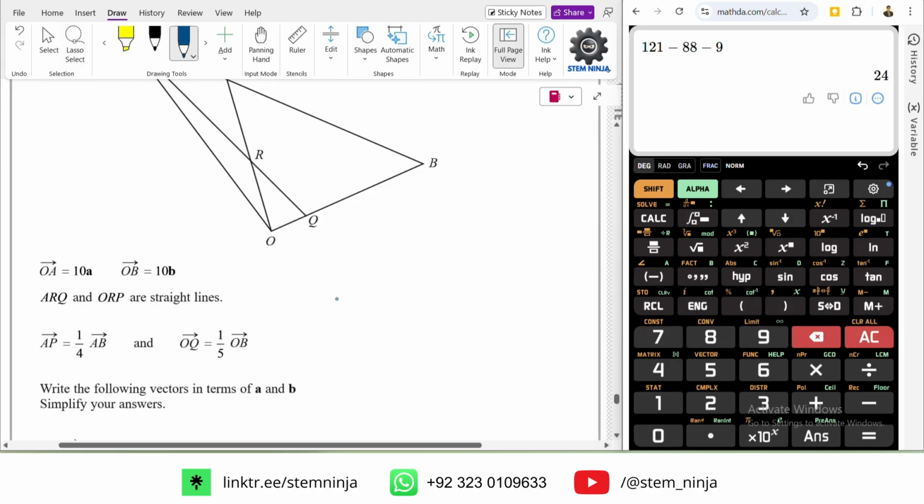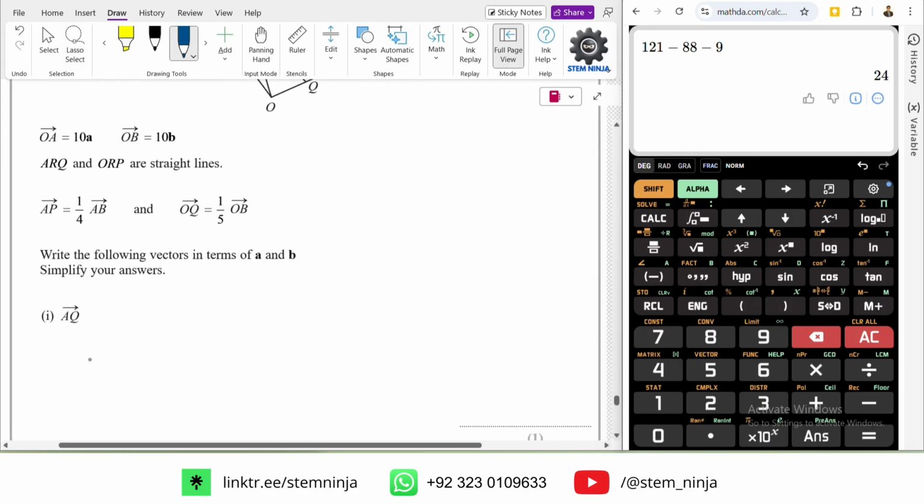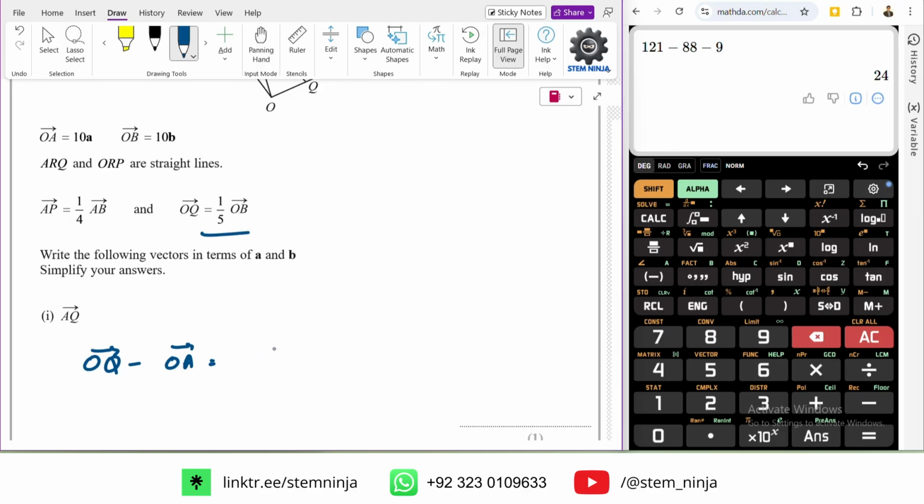Okay, so AQ would be OQ minus OA, right? So OQ is 1/5 of OB, so 1/5 of 10b, minus OA, which is 10a, so 2b minus 10a.